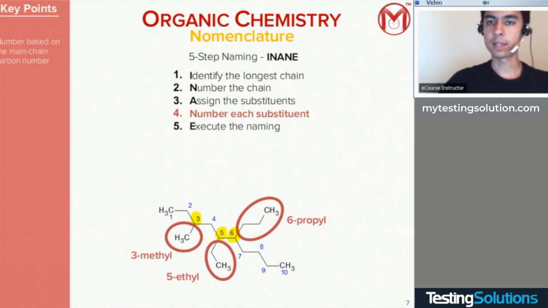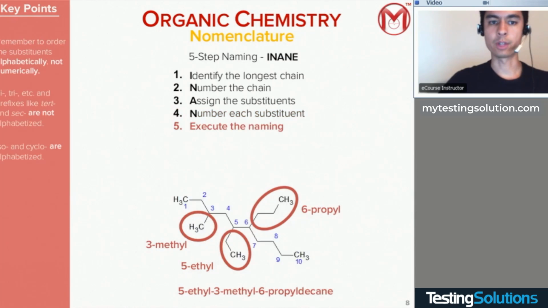And then to execute the name, we have to actually put that together. So the name assembled is 5-ethyl, 3-methyl, 6-propyl decane. Now, you'll note that these are not in numerical order. These are actually in alphabetical order. E comes before M, comes before P. And so that's how you're going to see the nomenclature show up.